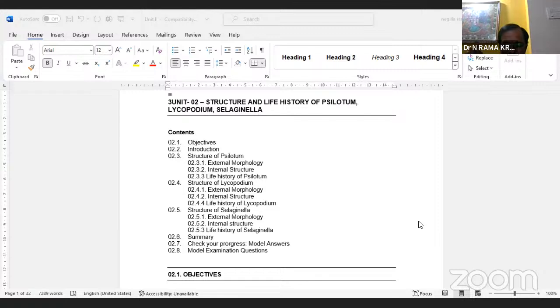Such a stele is called a mixed pith stele. All the scientists consider the mixed pith stele as a transitional stage between protostele and siphonostele. So this is the modification theory.